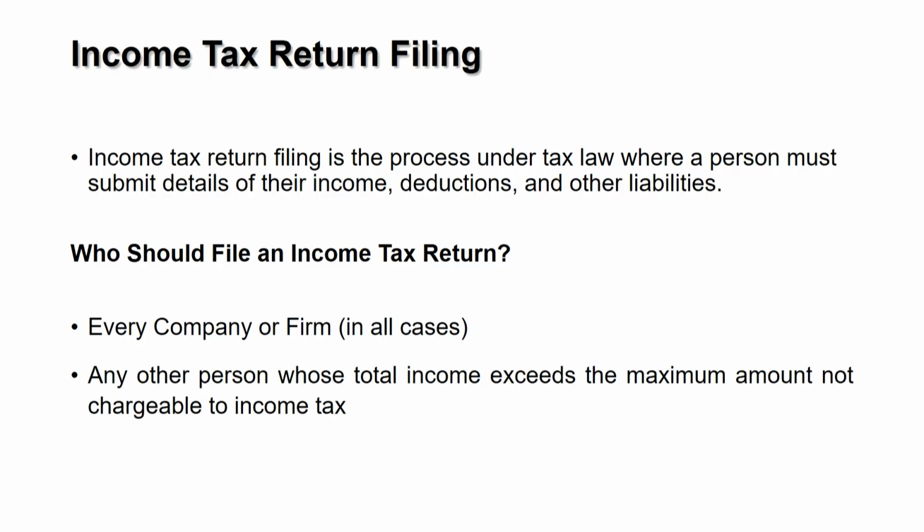In each case, we identify the sources of income, add all the income, deduct the exemptions and deductions to find the total taxable income, and then apply the tax rate to calculate the taxes.